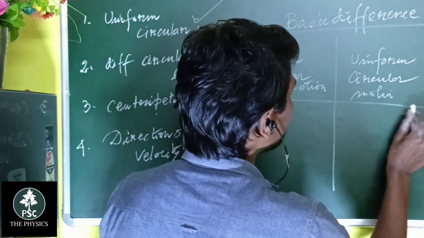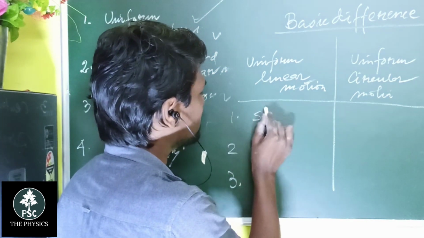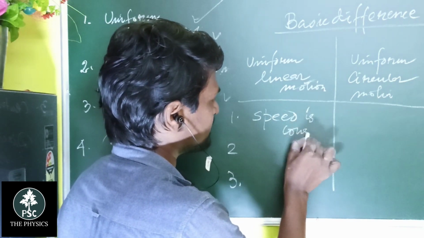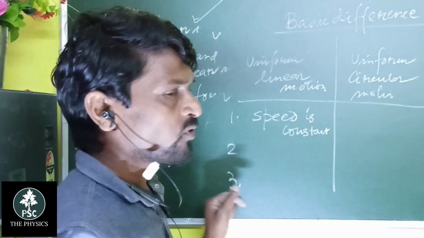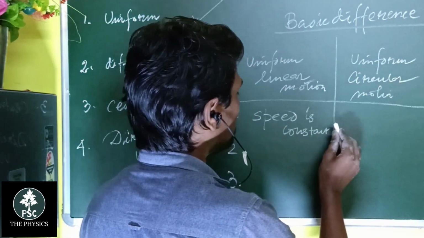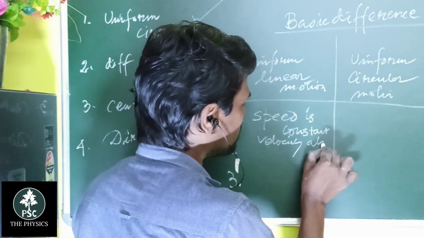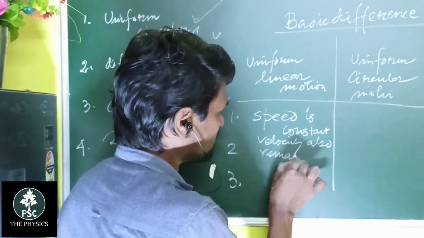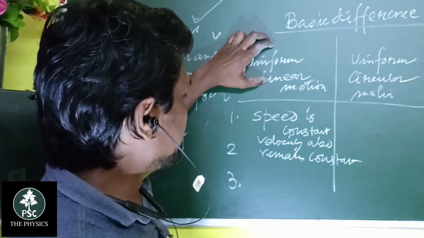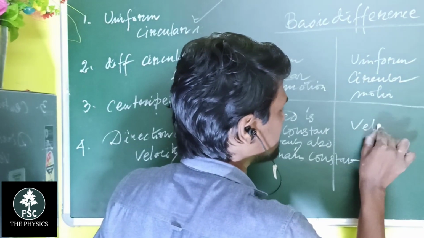So what about linear and circular motion? First of all students, take some points. Speed is constant in uniform linear motion. In uniform circular motion, speed is also constant, but velocity changes. So in uniform linear motion, speed is constant as well as velocity is constant, but in uniform circular motion, velocity changes.